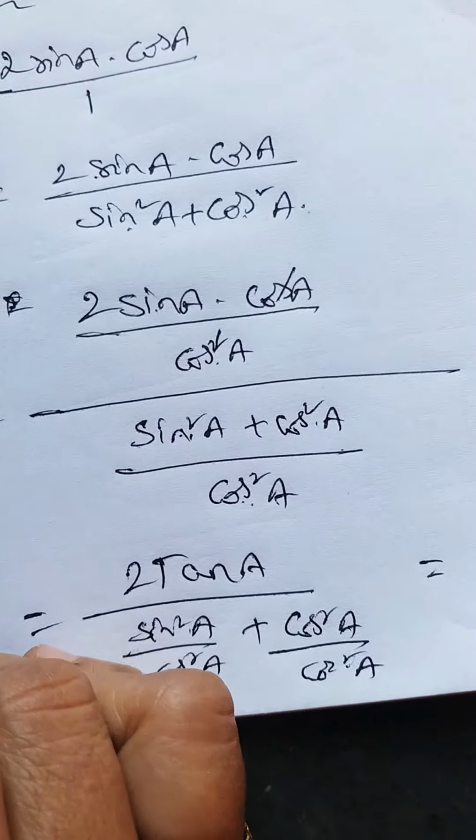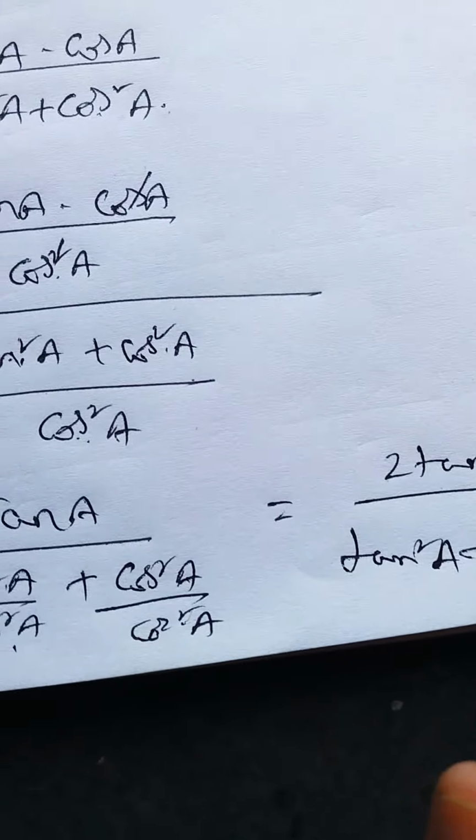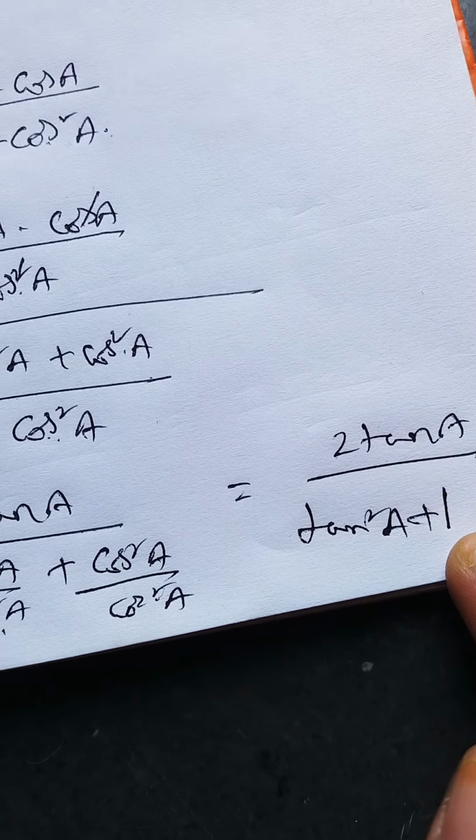So, sin 2A is equal to 2 tan A by 1 plus tan square A.